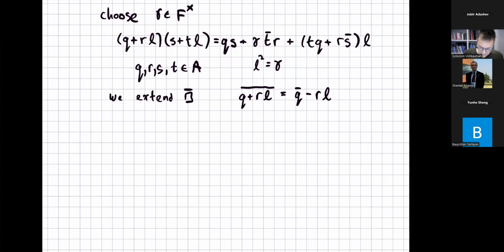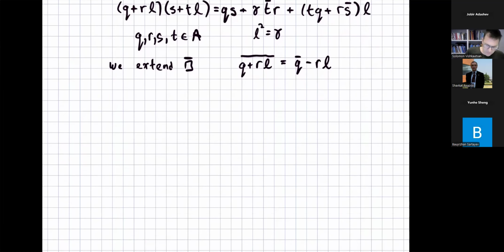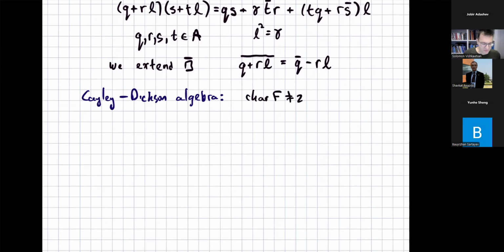And what is a Cayley-Dickson algebra? If the characteristic of F is not 2, then we can start with F itself, with the identity, so it's not really an involution, but let's imagine it is.